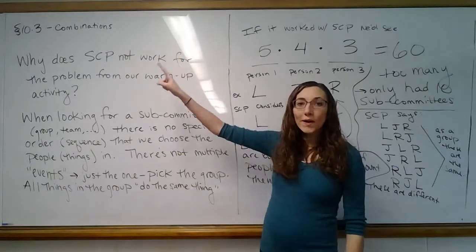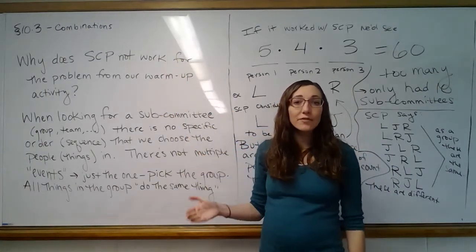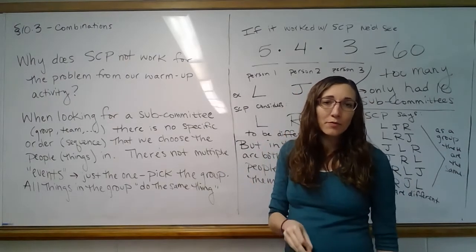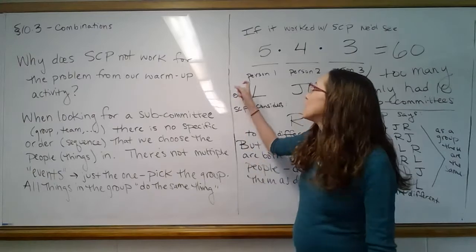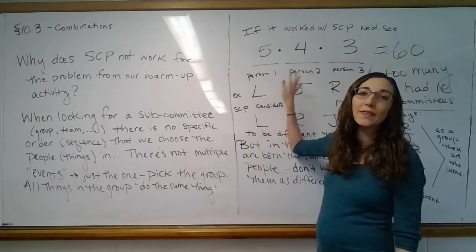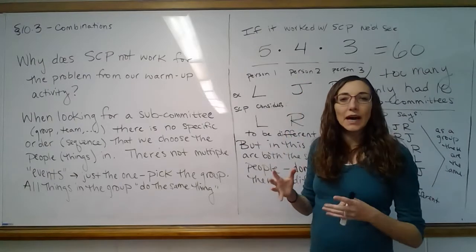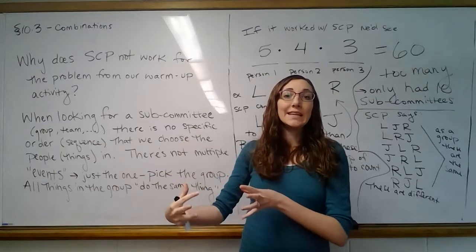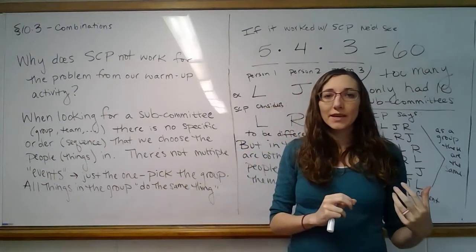Whereas in the sequential counting principle, having something in sequence is necessary. It's necessary to be able to call the first thing, then another one, then another one, to have some sort of distinction between the different things.